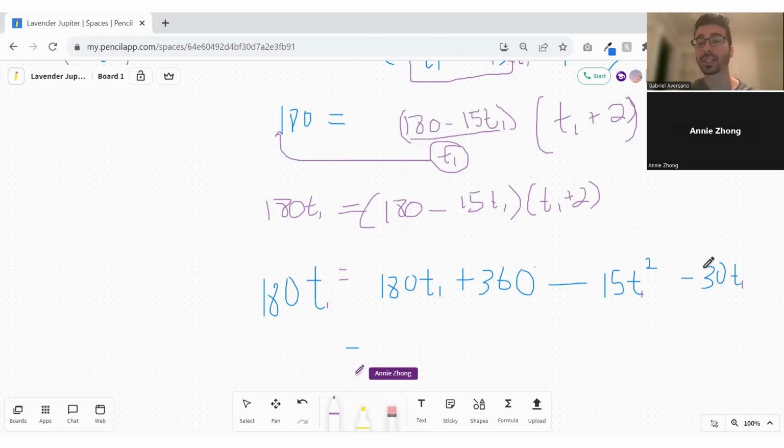Okay, so this is a quadratic equation because we have t1 squared. So let's get everything onto one side and have it set equal to 0. If we bring the 180 over to this side, it will cancel out. Perfect.